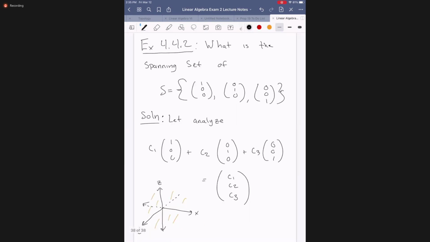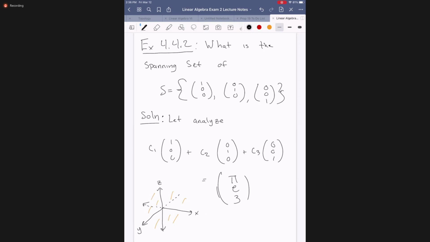So since I can choose them all freely, I can get any vector in 3D space, no matter what it is. Let's say I wanted the vector pi, e, and 3. What would C1, C2, C3 be?